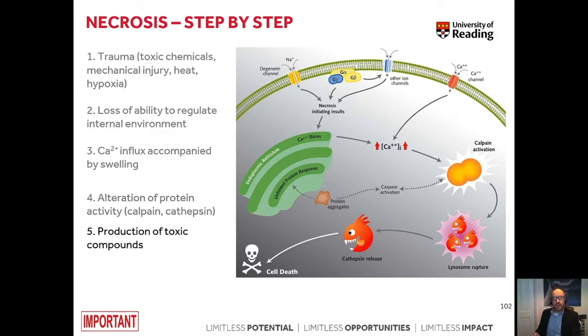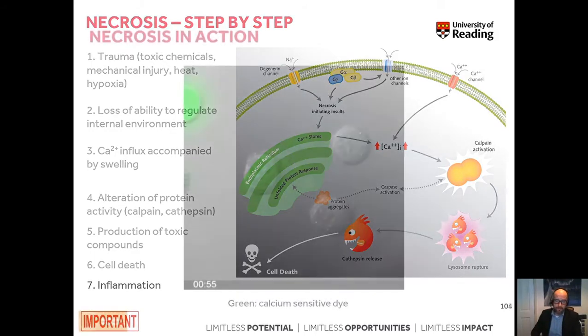Subsequently, toxic compounds are formed within the cell, and this leads to cell death. Importantly, and this is also an additional difference between apoptosis and necrosis, necrosis leads to uncontrolled release of cytoplasmic proteins into the surrounding, and therefore it always ends in inflammation.